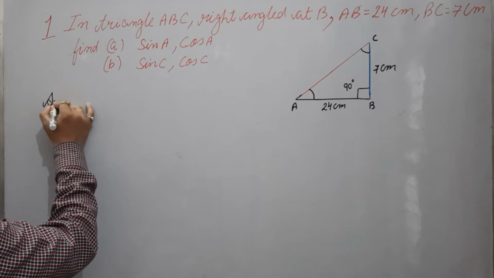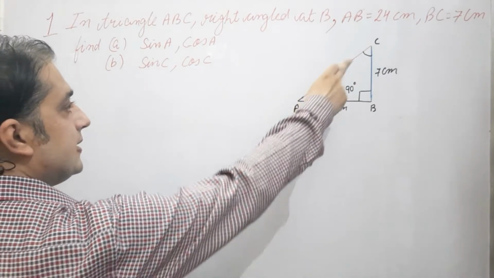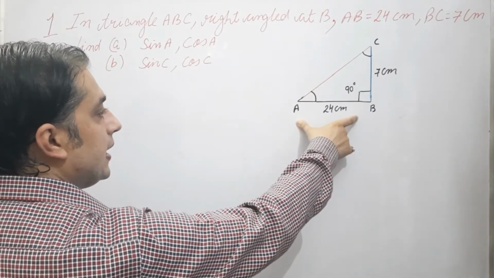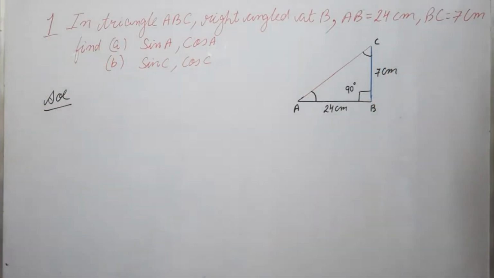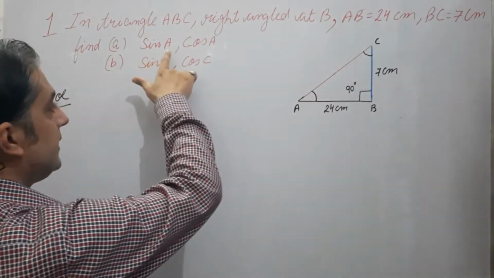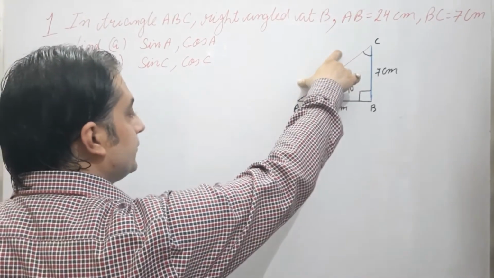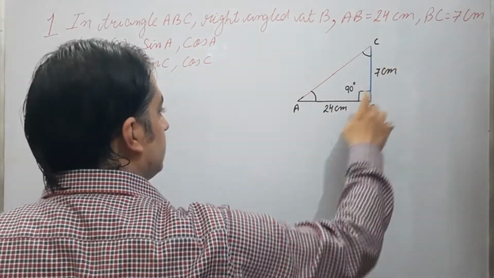So for the solution, draw a right angle triangle ABC in which A and C are acute angles, AB is 24 centimeters and BC is 7 centimeters. For finding the sine and cosine of angles A and C, we need the hypotenuse, because the lengths of the two sides are given, right?